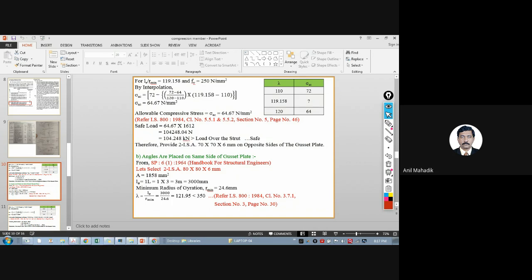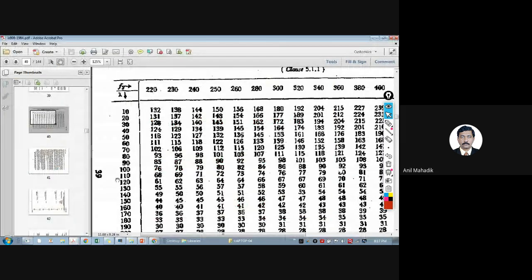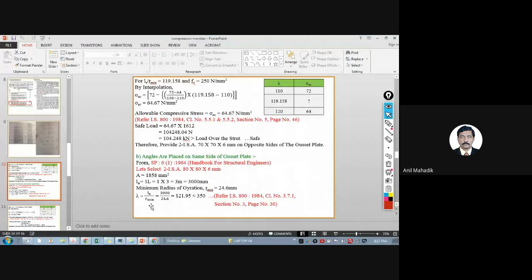So how to calculate permissible stress? 119. Now actually we are having only 120 and 110. So we can interpolate in between these two, between 110 and 120, and this is 119. So interpolation formula, then you get the sigma AC, and then you can multiply that with the area into permissible stress.